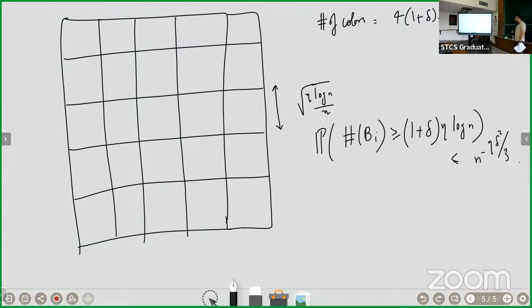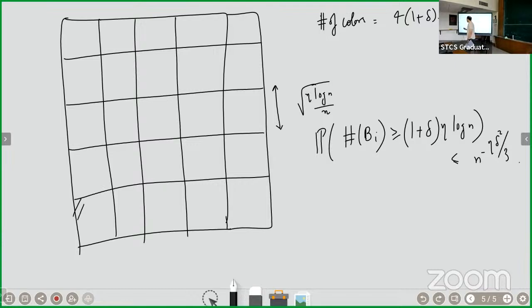Nothing complicated. So what is the probability for all boxes? You just multiply by n, by the union bound. That was for one particular box. So I get n to the power 1 minus eta delta squared by 3, making sure we choose this so that it goes down to 0. So roughly all boxes have at most 1 plus delta times eta log n points. Okay.